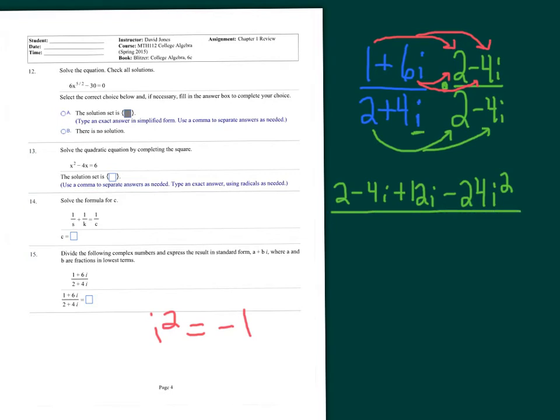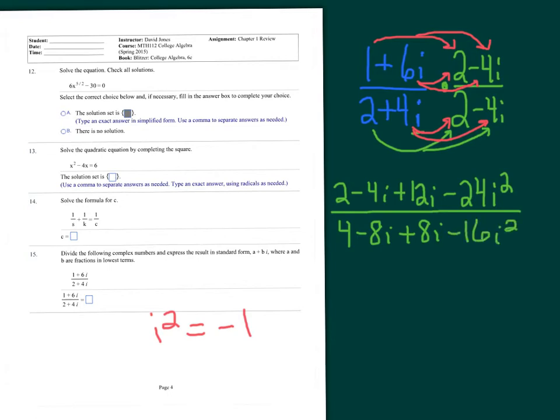On bottom, distributing the 2. 2 times 2, 4. 2 times negative 4i, negative 8i. And then distributing the 4i times the 2, and then the 4i times the negative 4. So 4i times the 2 is going to be positive 8i, and then the 4i times negative 4i is going to be negative 16i squared.